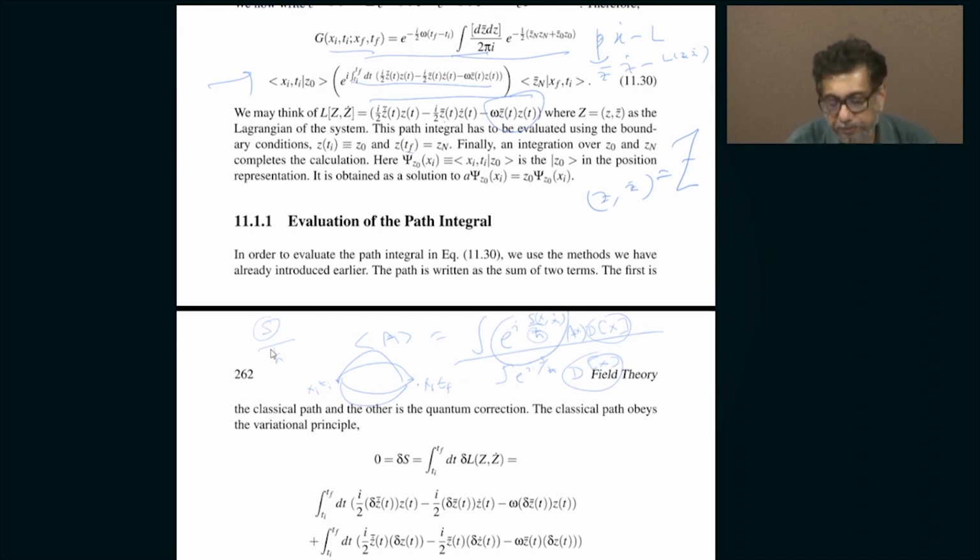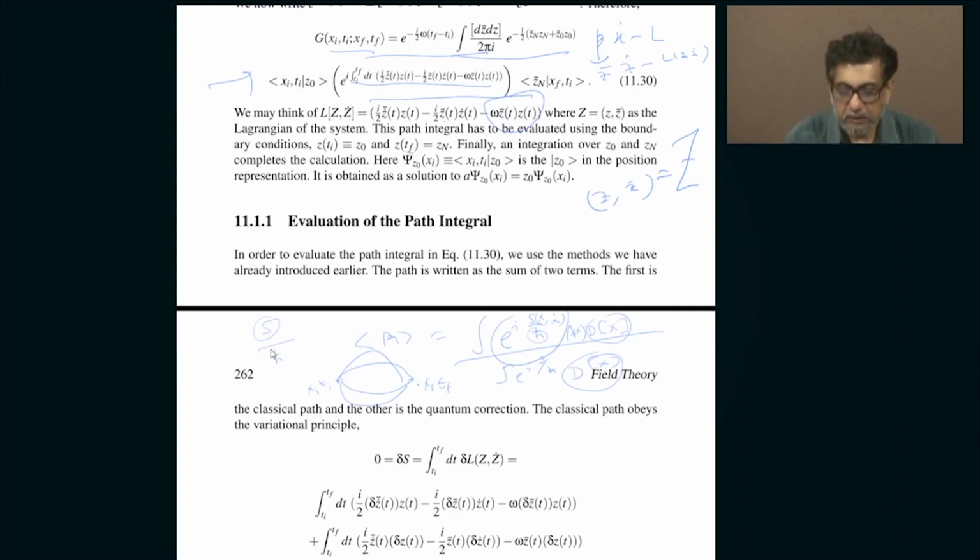To prevent that from happening, the smallness of Planck's constant also implies that the action is as small as possible, to keep pace with the smallness of Planck's constant. The bottom line is that that is how you recover classical physics from this path integral approach to quantum mechanics.